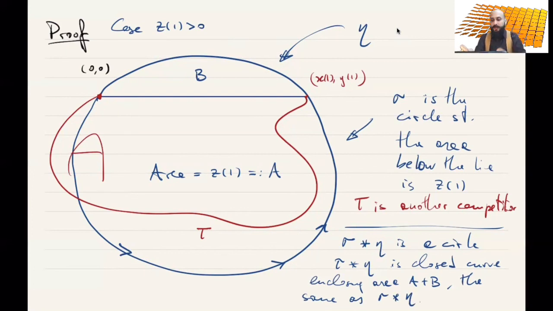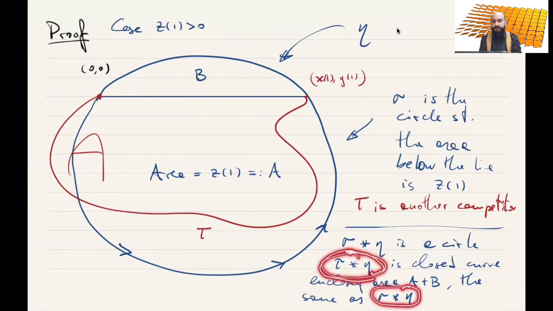But now what do we know? We know, therefore, that this curve, tau followed by eta, cannot be shorter than the circle that encloses the same area.